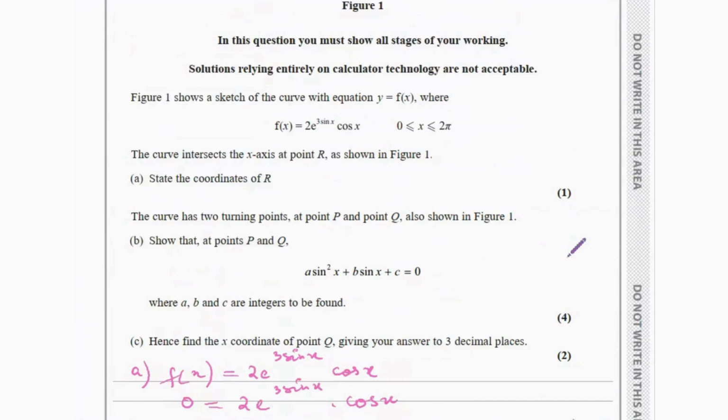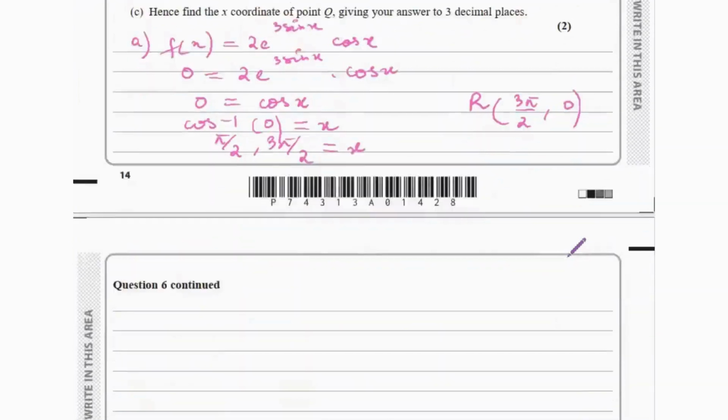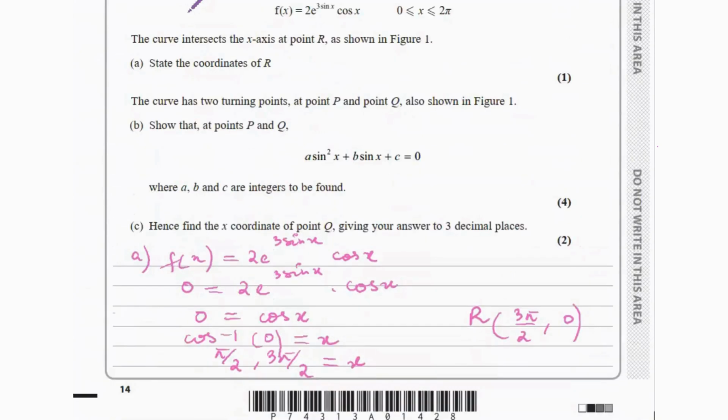Then the curve has two turning points at point P and point Q, also shown in figure 1. Show that at points P and Q, a sine squared x plus b sine x plus c equals 0, where a, b, and c are integers to be found. So what we're going to do over here is differentiate it. Why?